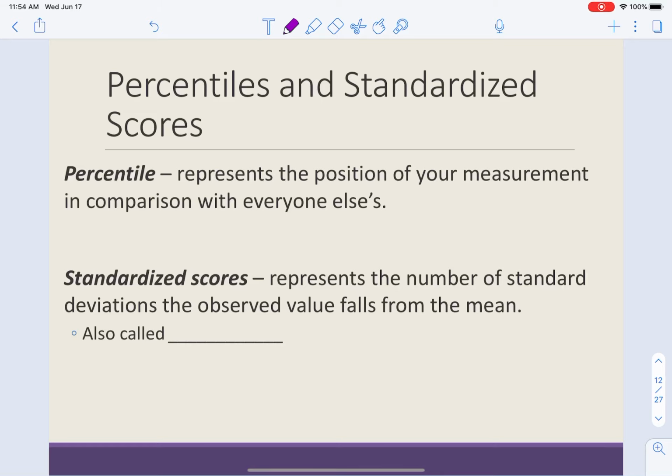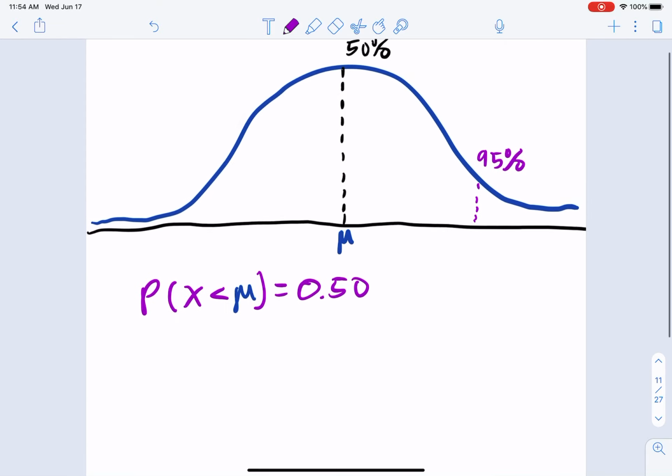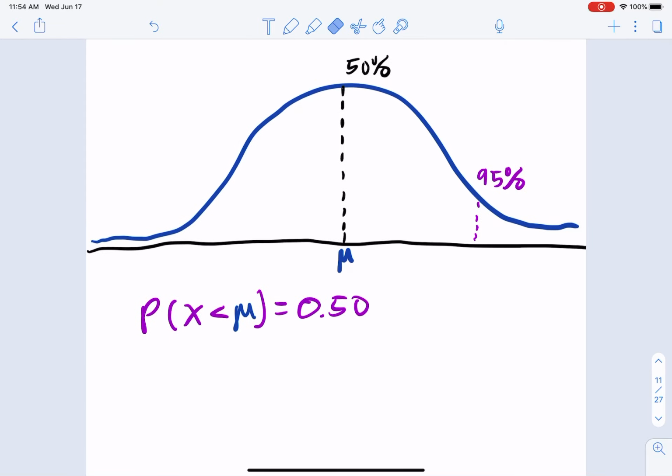Now, I'm going to pause the video, just so we can kind of separate these ideas. So real quick, just as a sort of recap here, because this is an important concept. This is an important idea, is that if we were to shade any of the area underneath here, underneath the curve, that just represents a probability. It also represents wherever that shaded area cutoff point is, that represents a percentile too.